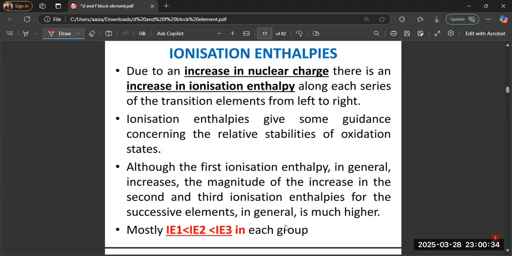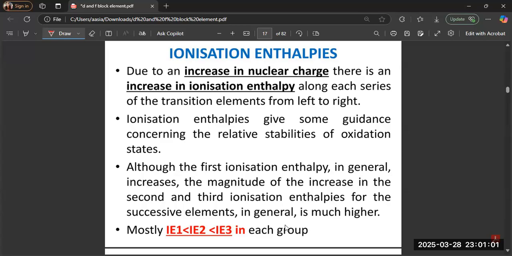Ionization enthalpy gives some guidance concerning the relative stabilities of oxidation states also. And we know that the first ionization enthalpy in general increases, right? Although the first ionization enthalpy in general increases, the magnitude of the increase in the second and third ionization enthalpy for the successive elements is much, much higher.